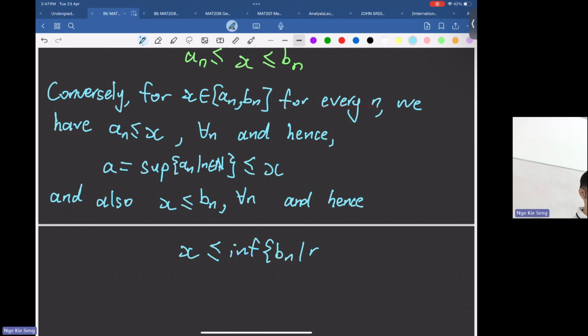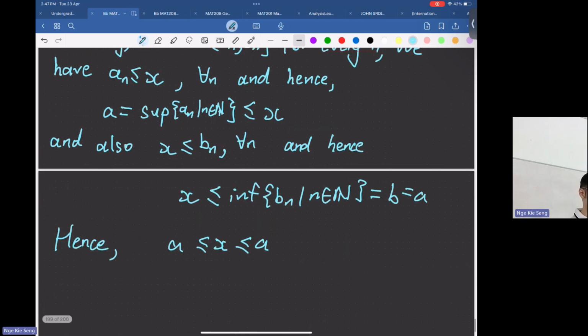Right? This is the dual definition. But what is this infimum? This infimum is equal to B, which is equal to A, as we showed just now. So all together we get A is less than or equal to X, X is less than or equal to A, which implies that the only point that lives in all the intervals is just A.